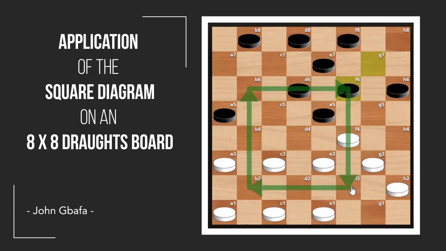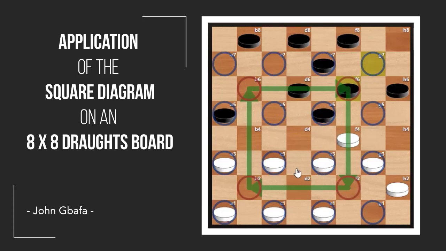the vertex at F2 is surrounded by E3, G3, G1, E1. And that of B2, we have C3, C1, A1, A3. The vertex at B6 is surrounded by A7, C7, C5, A5. And that of F6, we have E7, G7, G5, E5.